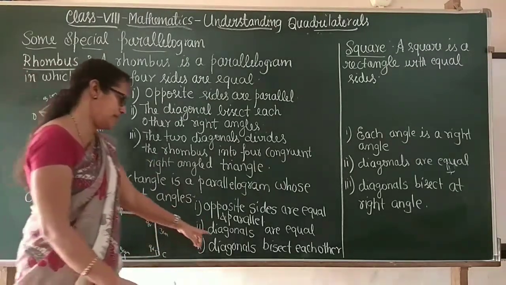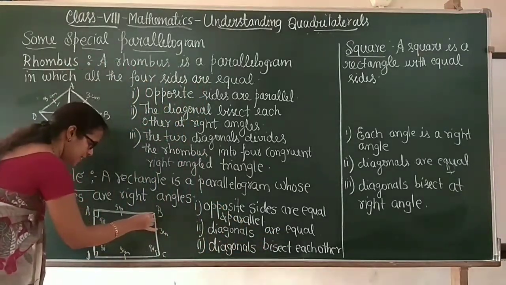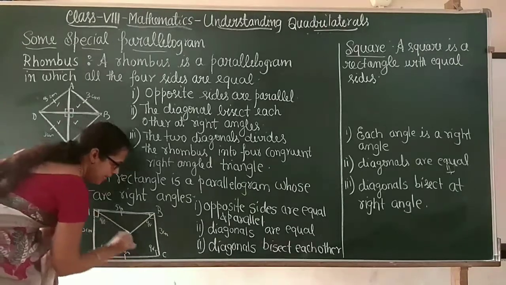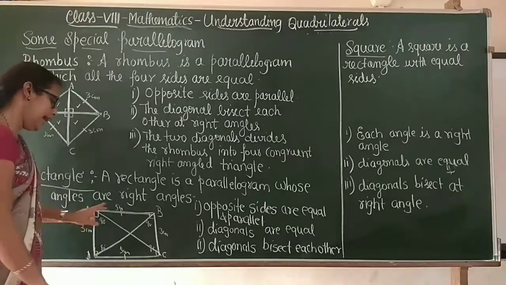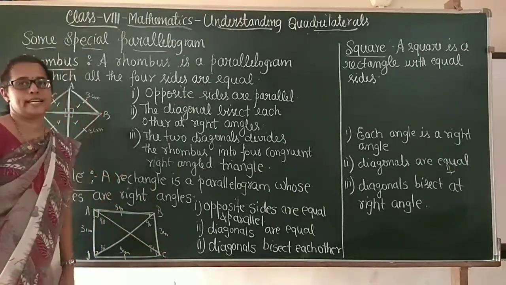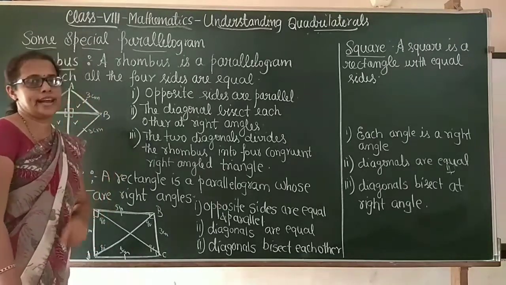Okay. Next property: diagonals are equal. Means if I draw the diagonals B to D and A to C, BD 10 centimeter means AC is also 10 centimeter. Diagonals are equal in a rectangle.